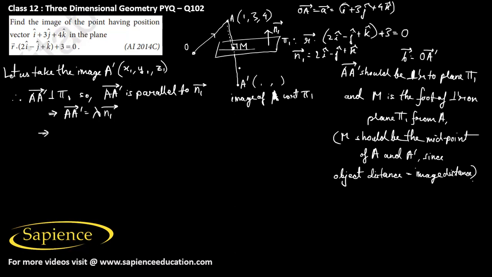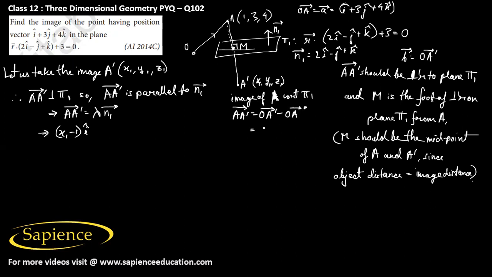Now if I consider A dash as x1, y1, z1, then AA dash vector will be x1 minus 1 i cap, since AA dash vector is nothing but OA dash vector minus OA vector.